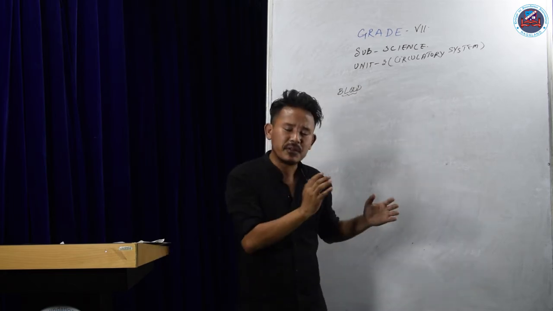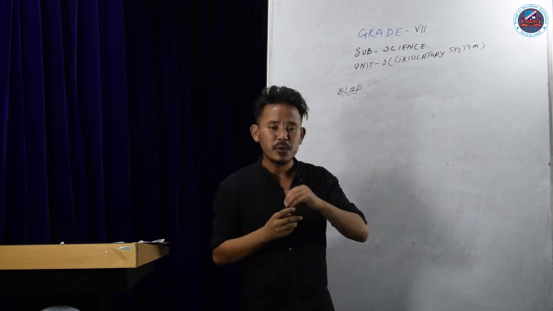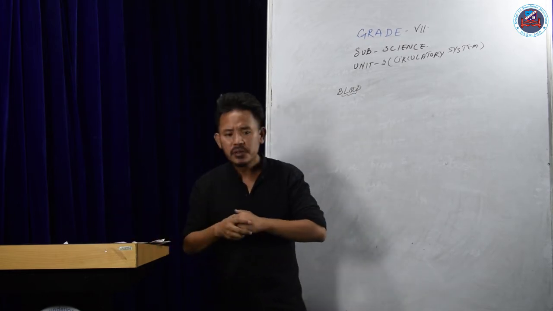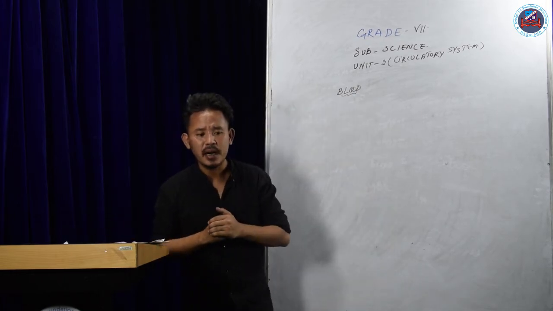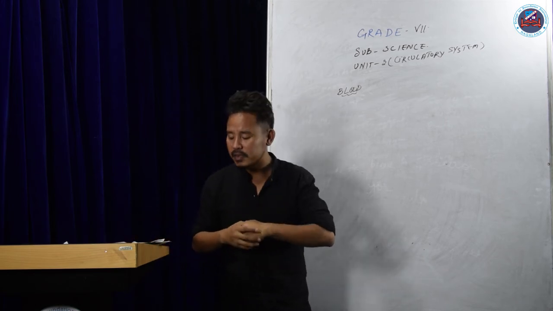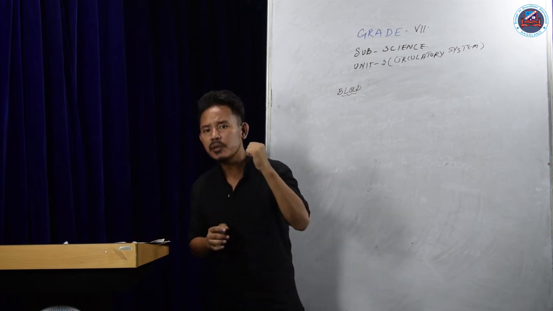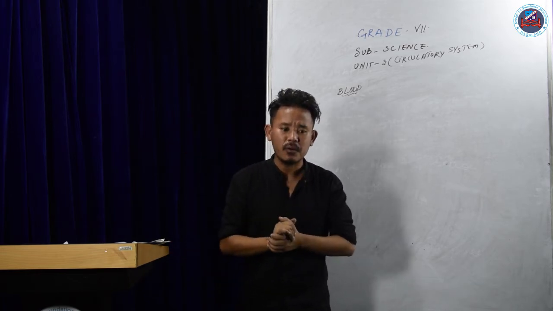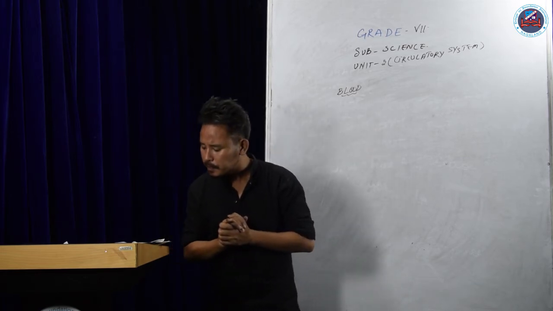Once again, let me rephrase it. When we are talking about RBC, red blood cells, most of the cells in the blood are red blood cells. As I have said, it's within the text also. Red blood cells are unusually small cells, right? They are red because they contain a red pigment called hemoglobin, right?